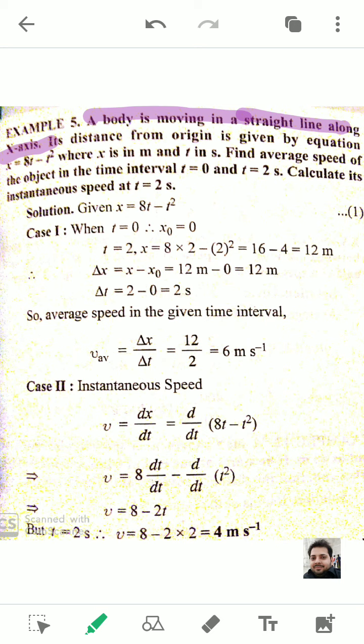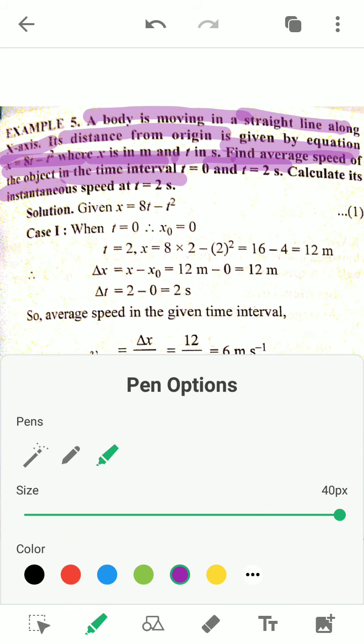Its distance from the origin is given by the equation x equal to 8t minus t square, where x is in meter and t is in second. Find the average speed of the object in the time interval t equal to 0 to t equal to 2 seconds. Calculate its instantaneous speed at t equal to 2 seconds. So that is the statement of the question.